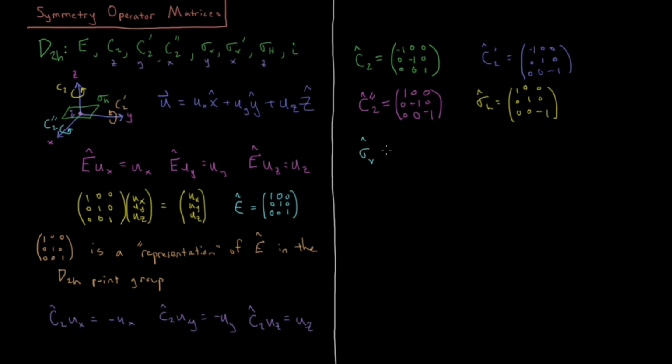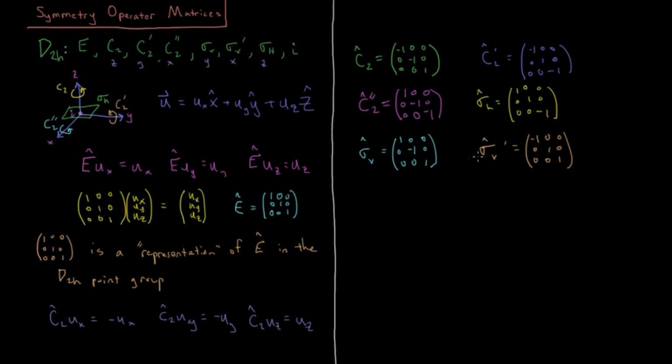Sigma v is the same thing, but sigma v is a reflection through the xz plane, so it's going to invert y. And now the pattern, you might guess, for sigma v prime is going to be the same thing, but we flip x, keep y and z the same.